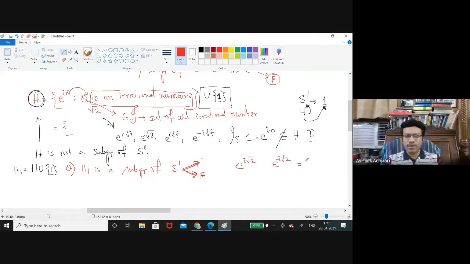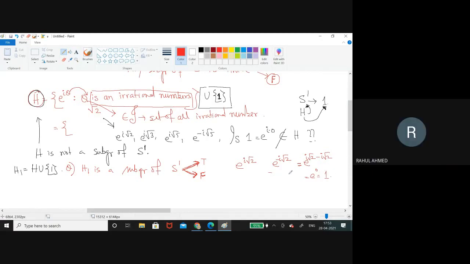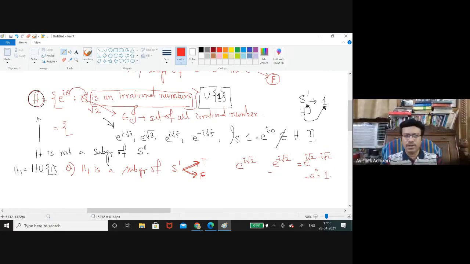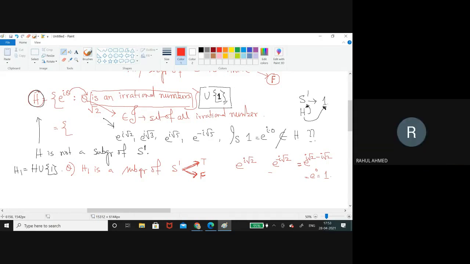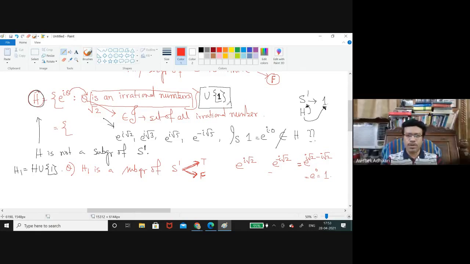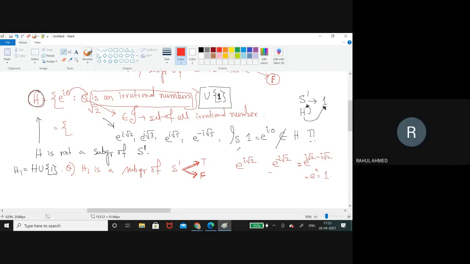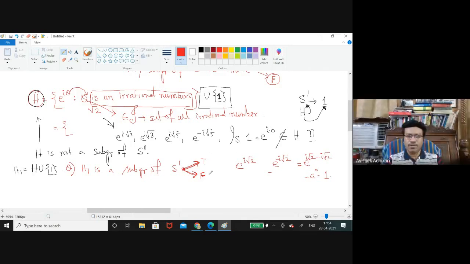What is the multiplication? e to the power i root 2 minus i root 2, and that becomes e to the power 0, and that is 1. Sir, 1 is already there. He has included 1. Yes, sir. Then what would be your conclusion?